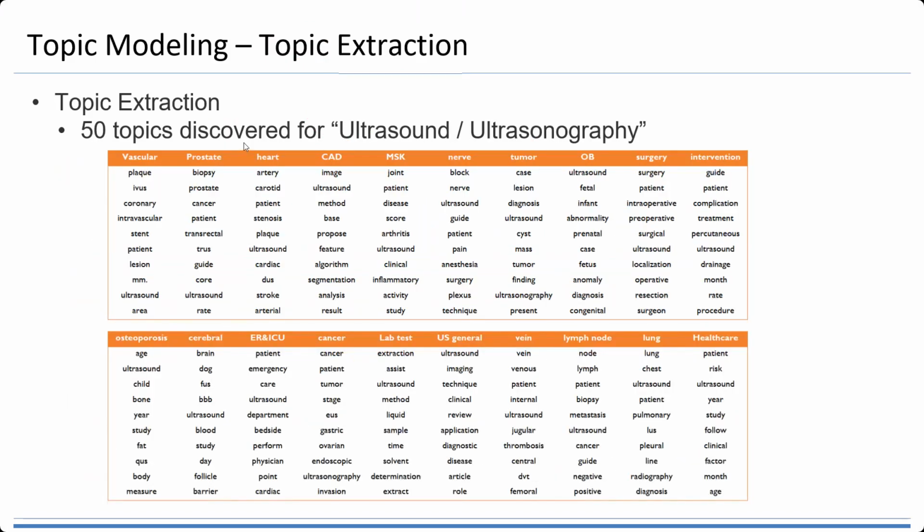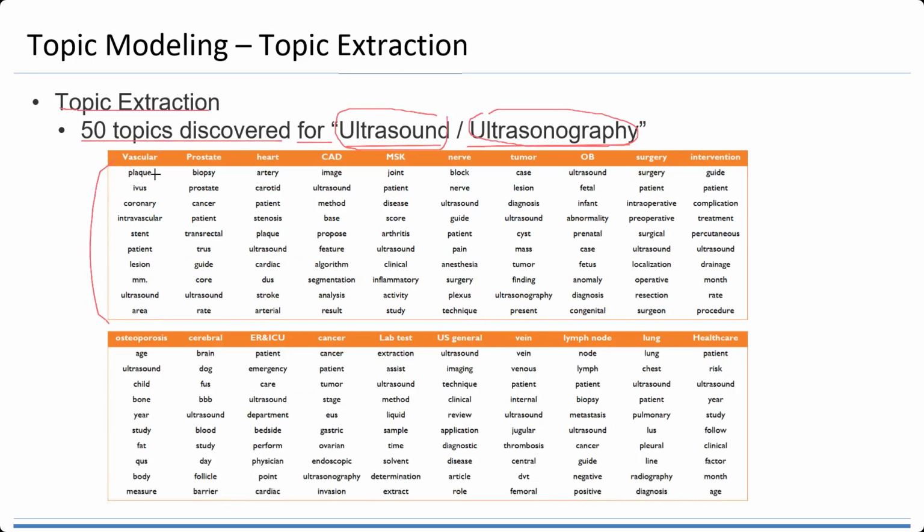So it is another example. It is a topic extraction, and there are 50 topics discovered for ultrasound or ultrasonography. There are many documents related to ultrasound or ultrasonography, and we are going to group them.